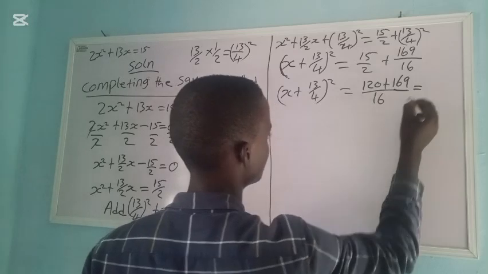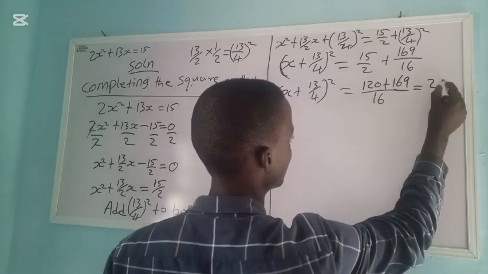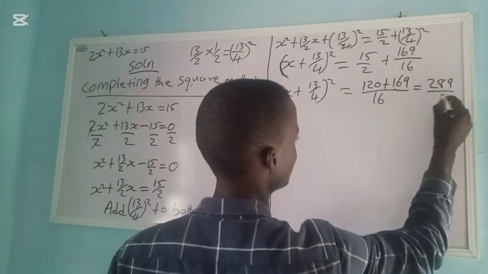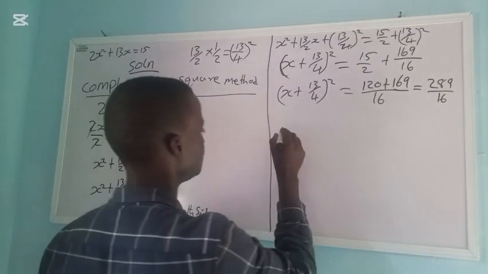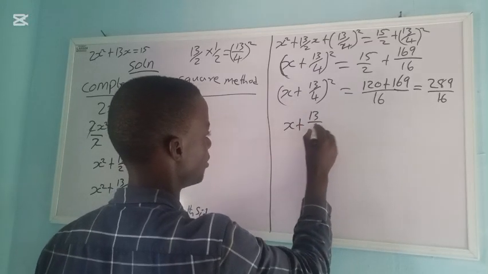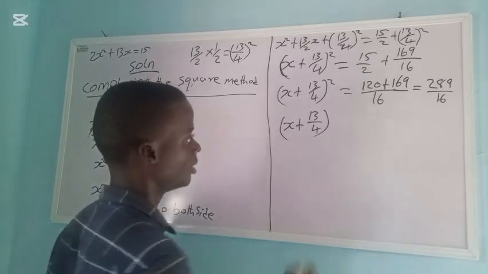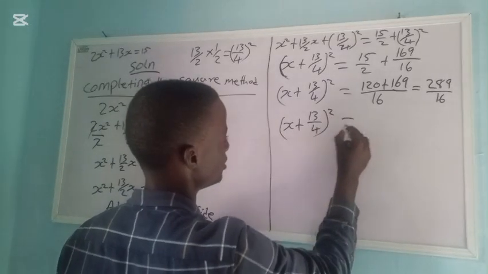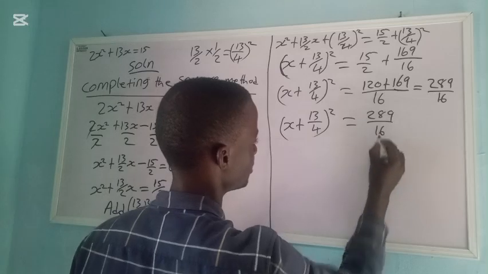So when you add it, we will now have 289 all over 16. So let's continue. You have x plus 13 all over 4 in brackets, you square it, is equals to 289 all over 16.